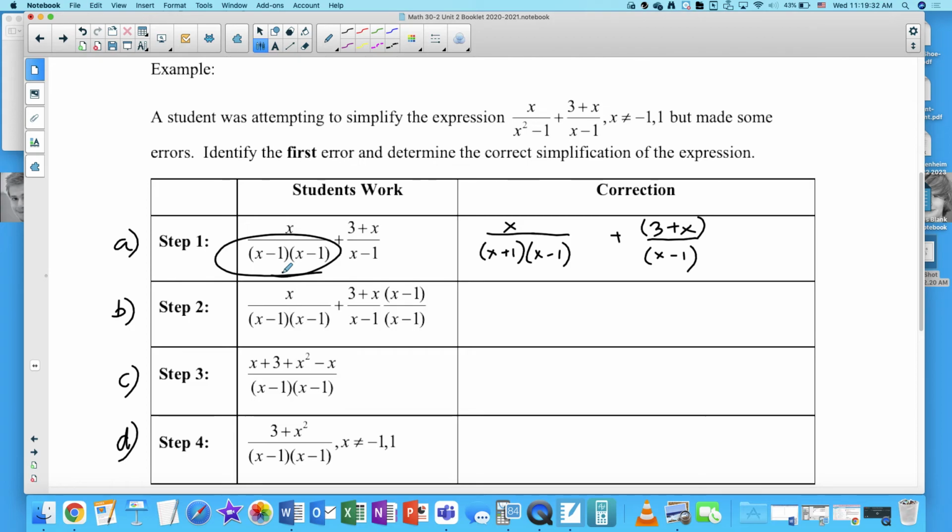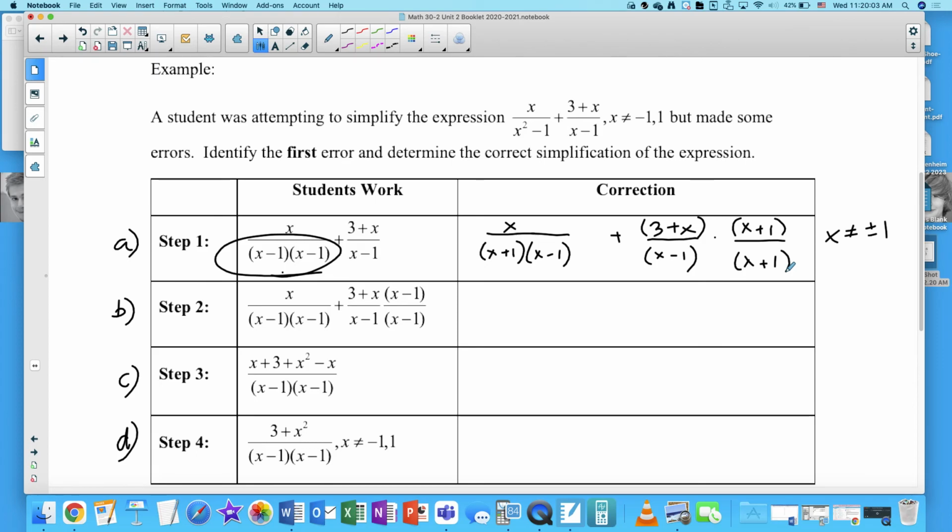Okay, now what will be the LCD here? X minus 1 times x plus 1. Yeah, these two factors, right? So we can just multiply this by x plus 1 over x plus 1 because this one is already over the LCD, and over here, this is the factor that's missing. Okay, and then we can start to simplify this, right?